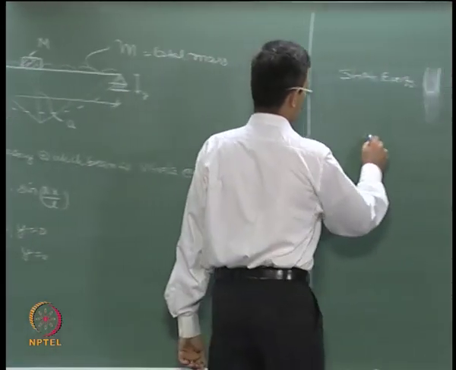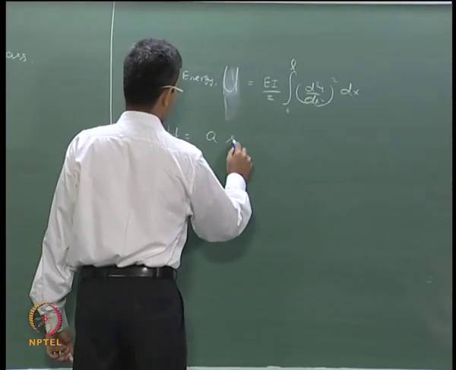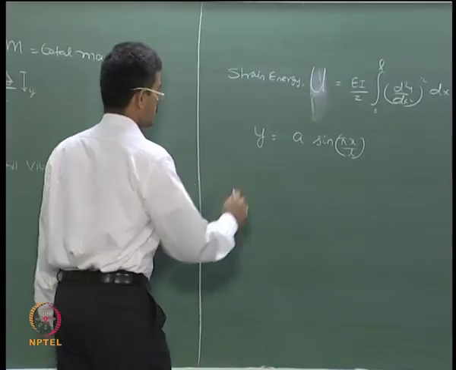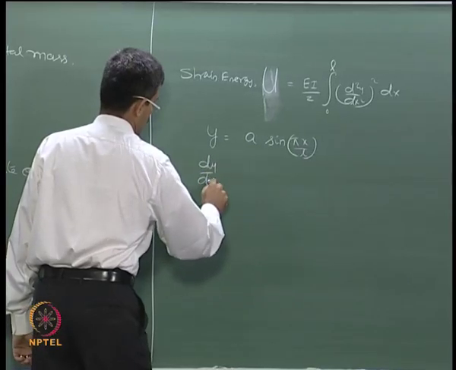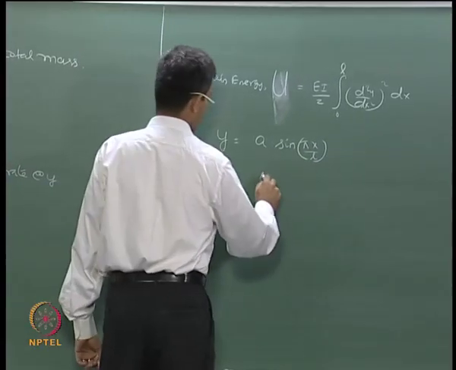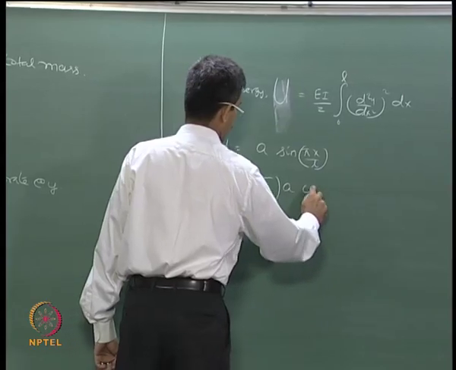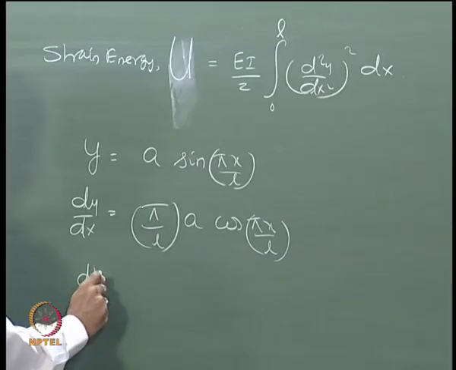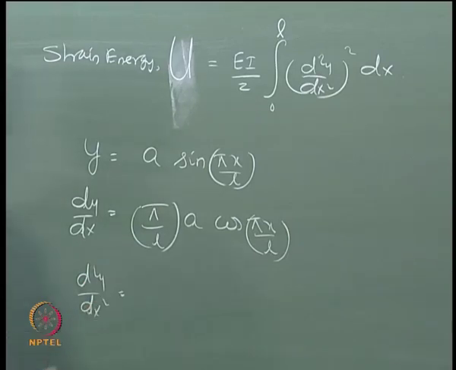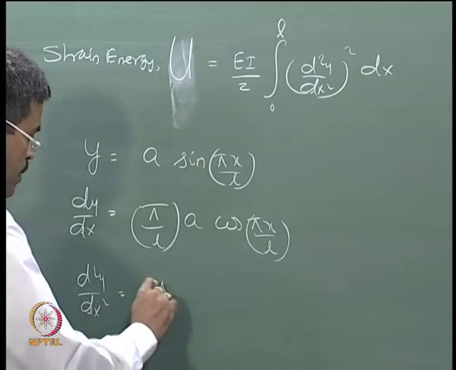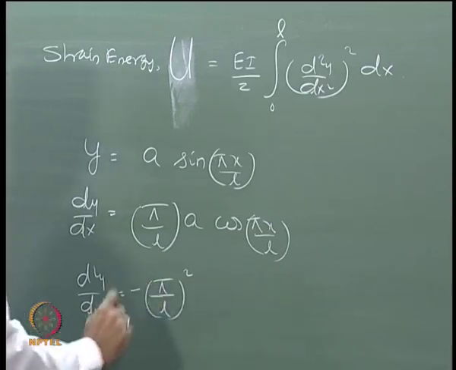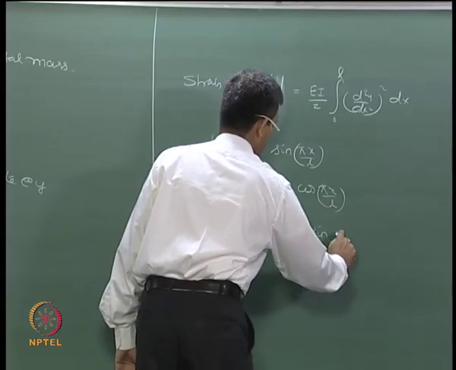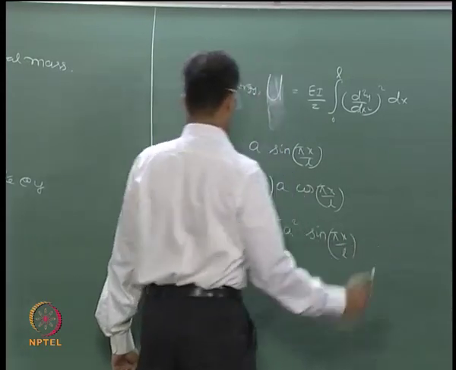So we already know my shape function y is a sin pi x by L. So dy by dx, the first derivative of this, can be pi by L of a of cos pi x by L, and d square y by dx square, the second derivative, will be minus pi by L the whole square a sin pi x by L.